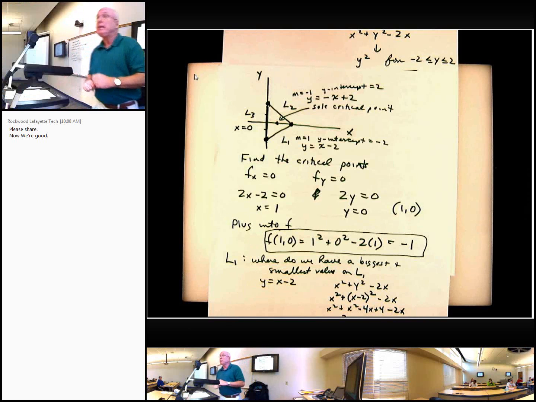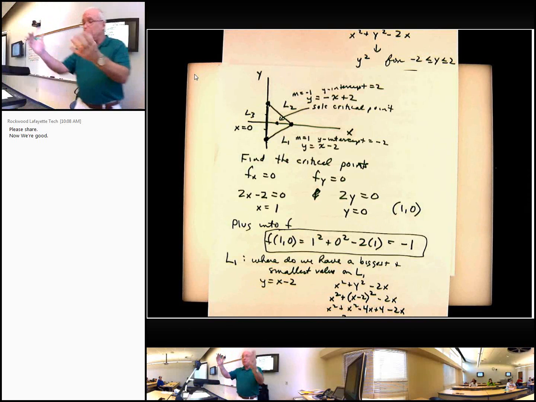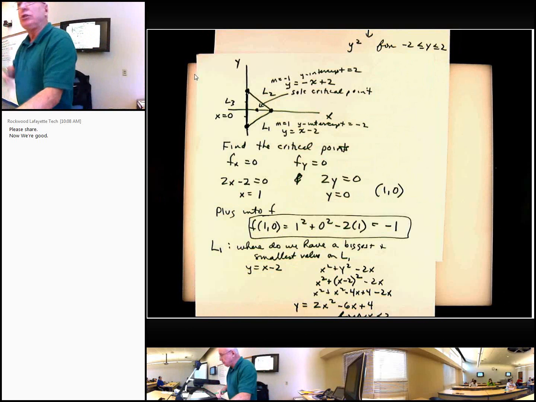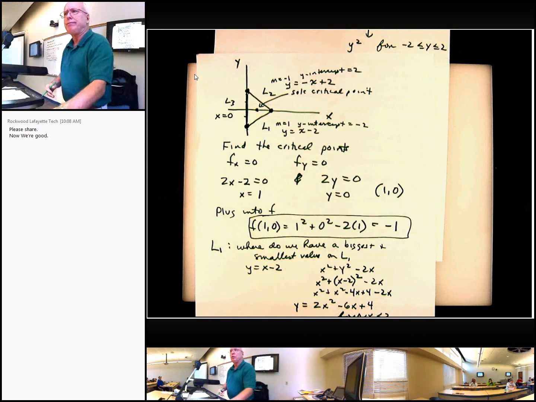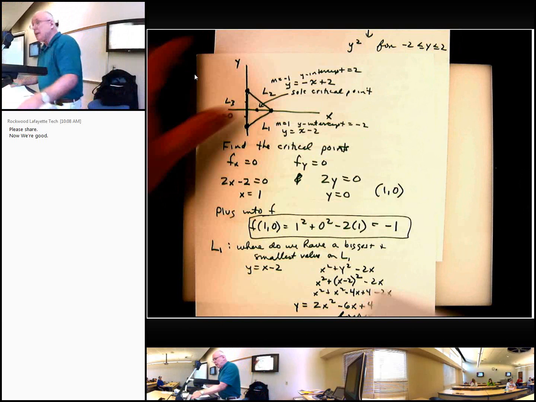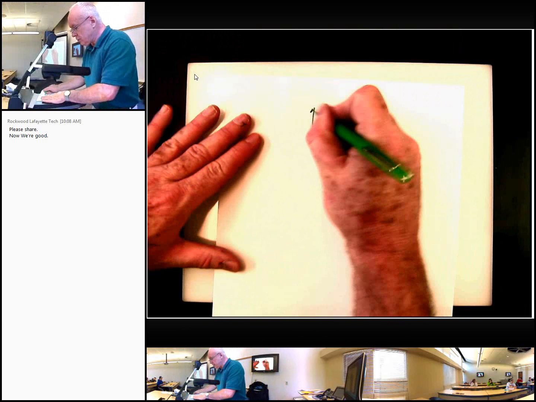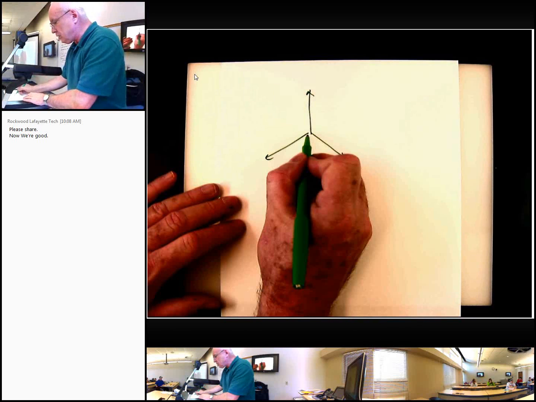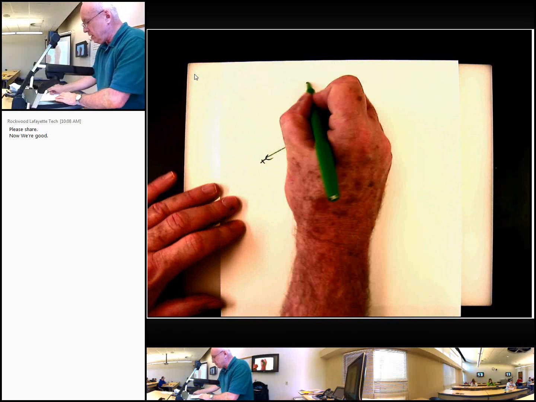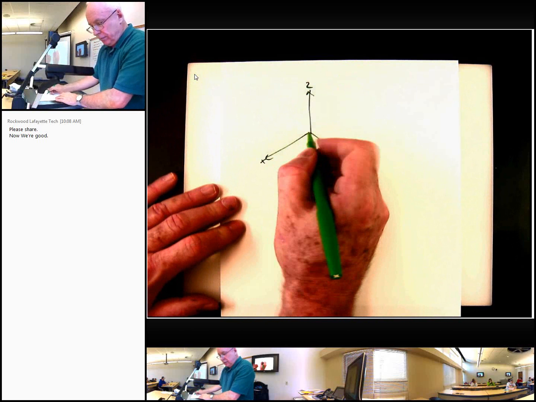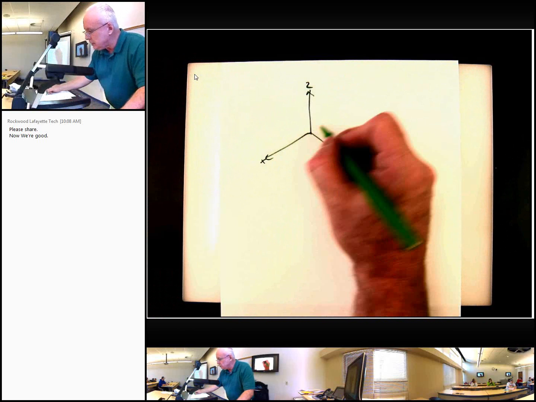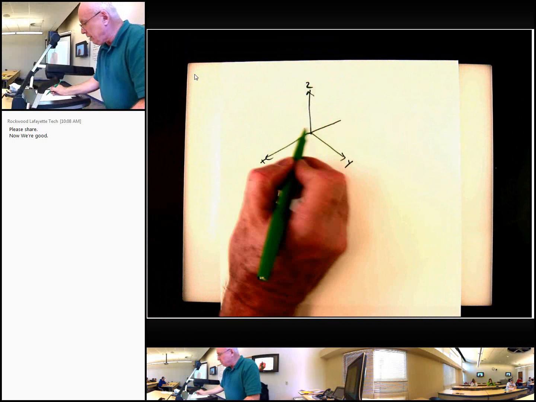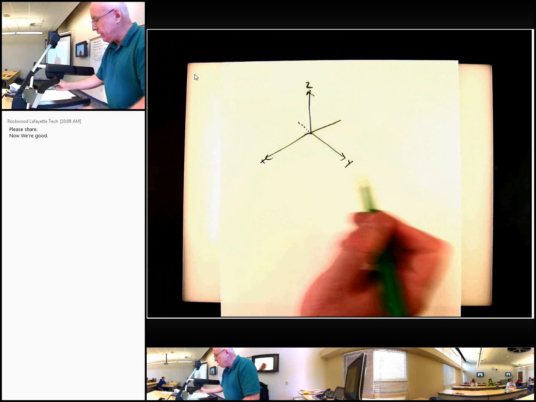Absolutely, right. This is a function of x and y. So basically, I should have done this on Maple and shown the graph. Now this is x, y, and z. Our little triangle here goes a little bit in both directions on the y, in the negative direction.